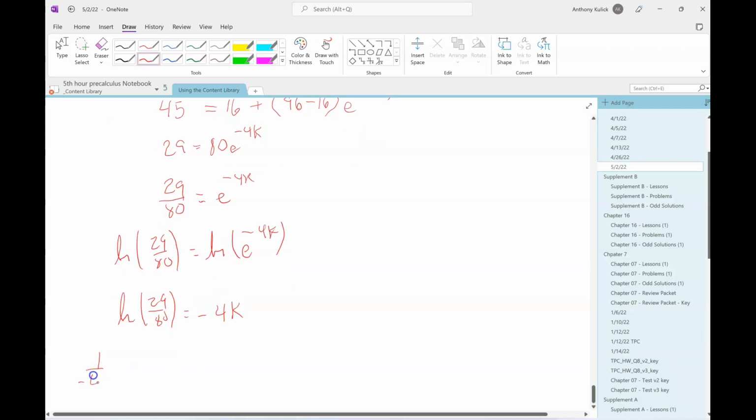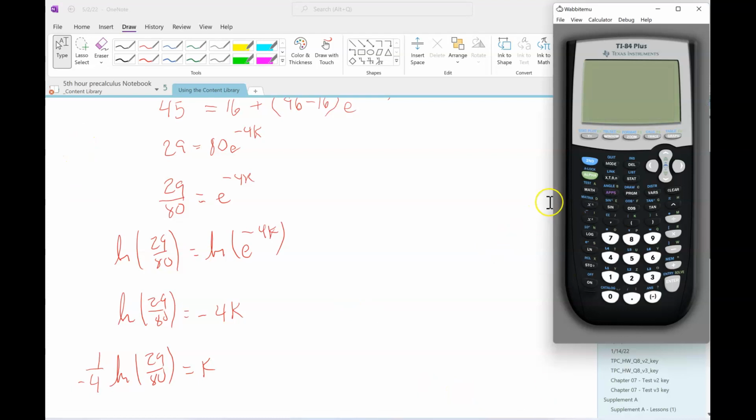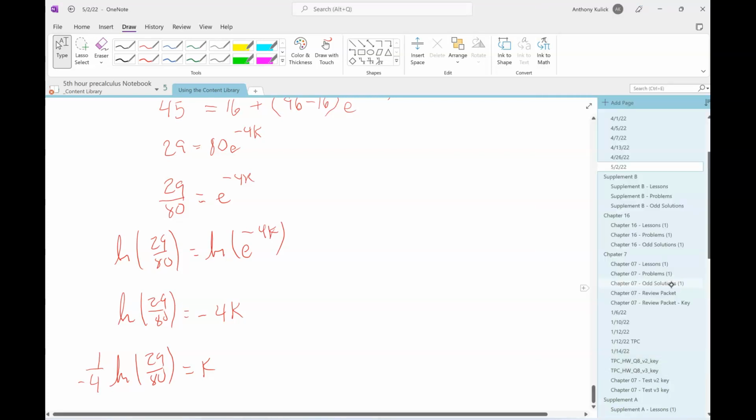I'm going to write it as multiplying by the reciprocal, because it's a little bit clearer than writing it as dividing, because I still wonder, is that division supposed to be happening inside my log or outside my log? And it definitely matters. So I just don't want to confuse myself. So that's my k, about -0.253.